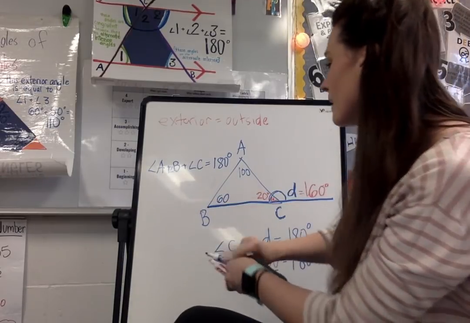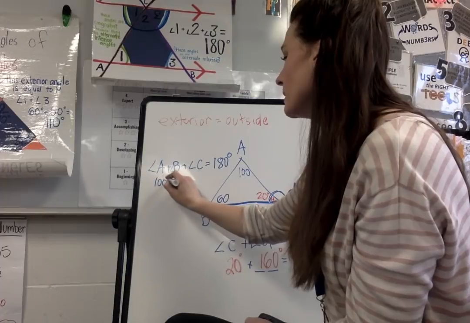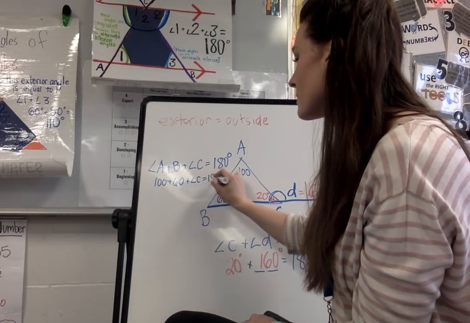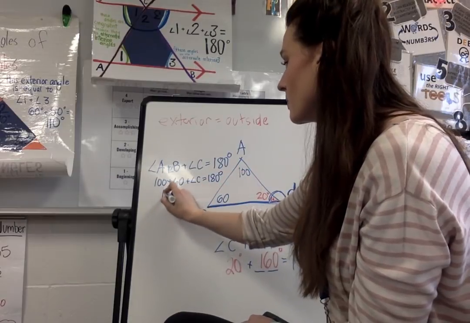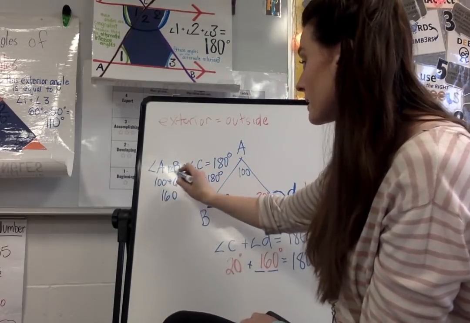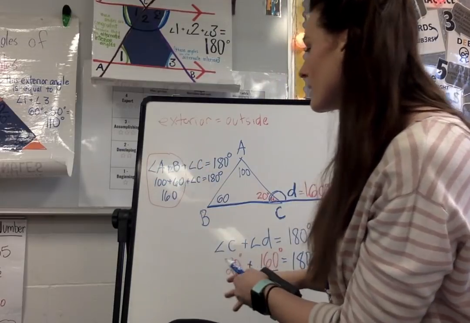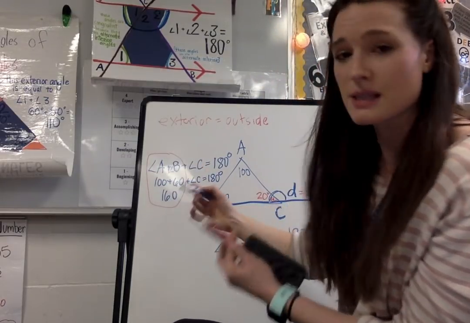Earlier we said A is 100, B is 60, C was unknown at the time, so we had 180. So this A plus B gave us 160.